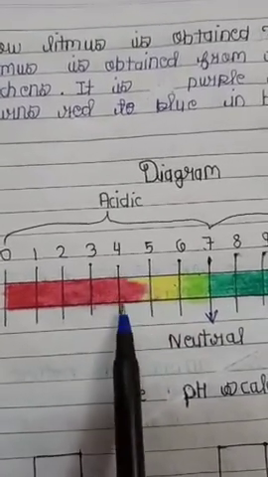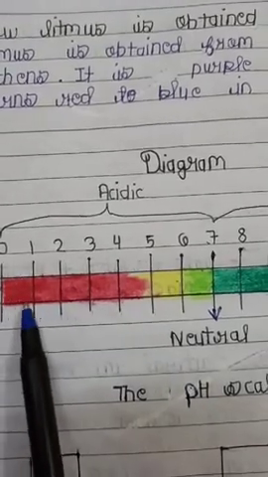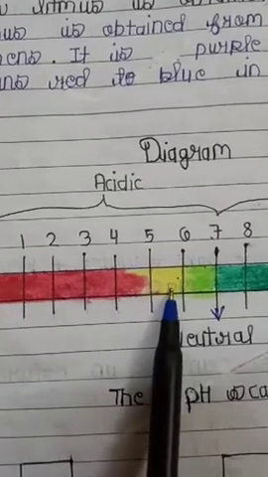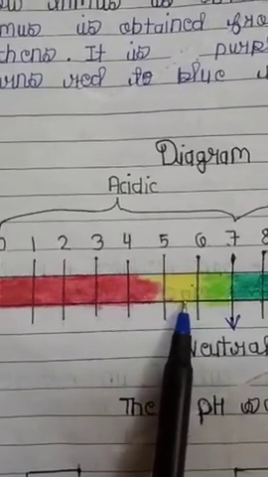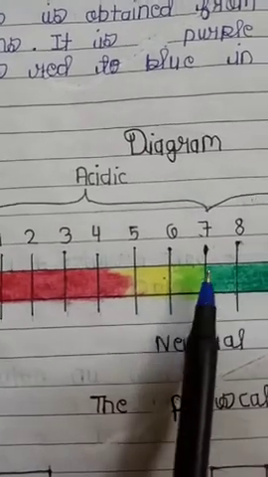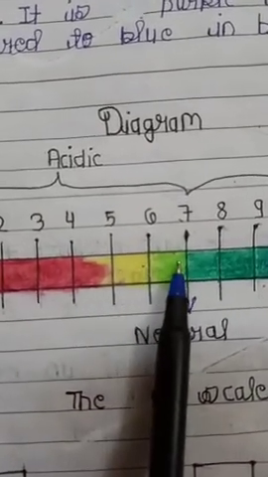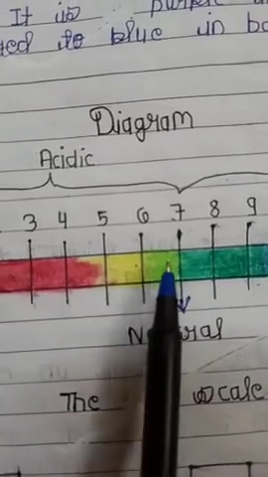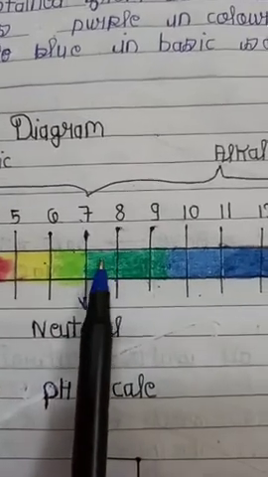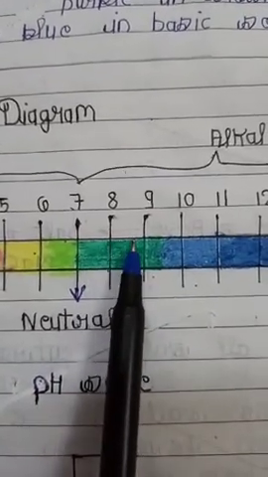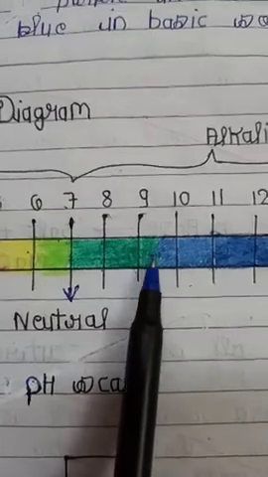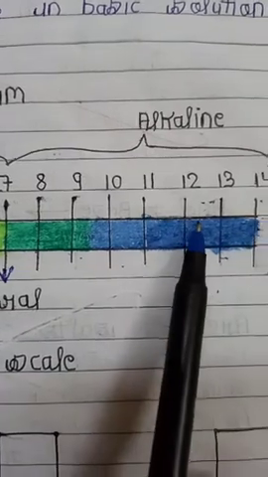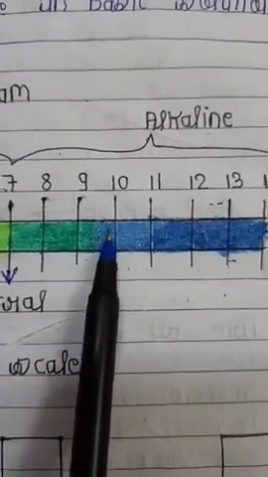Here orange color will come, dark orange, then lighter orange, then it will turn to yellow up to 6. In the same way, near 7 it will be light green, and after 7 dark green, then darker. When the reading comes to 10, 11, 12, it will become bluish in color.